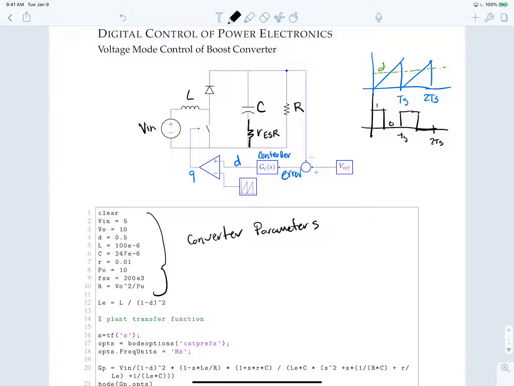We'll have 100 microhenry for our inductance, a capacitance of 247 microfarad, and an ESR of 10 milliohms. Our max output power will be 10 watts, which will be 1 amp at 10 volts. We'll do 200 kilohertz for switching frequency, and of course, based upon our output power, we can calculate the load resistance, which is, in this case, just 10 ohms.